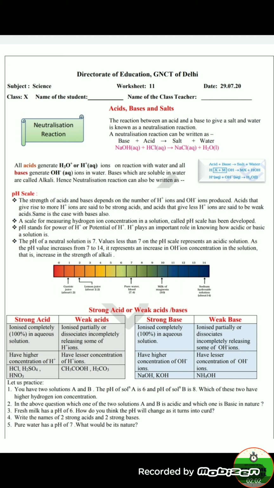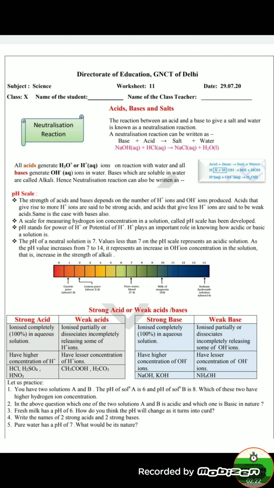So we will have NaOH plus HCl, that will give you NaCl plus water. Student, all acids generate hydronium ion. We have already studied.